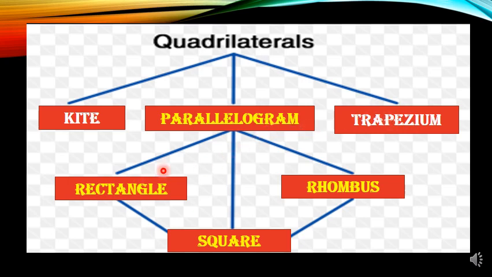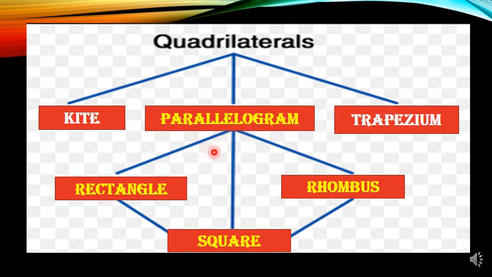Parallelogram is further divided into three types: rectangle, square and rhombus. You will be studying all these types and their properties in detail. We shall start with parallelogram. So hope it is clear to you all. Quadrilaterals are classified into three branches, that is kite, parallelogram and trapezium.